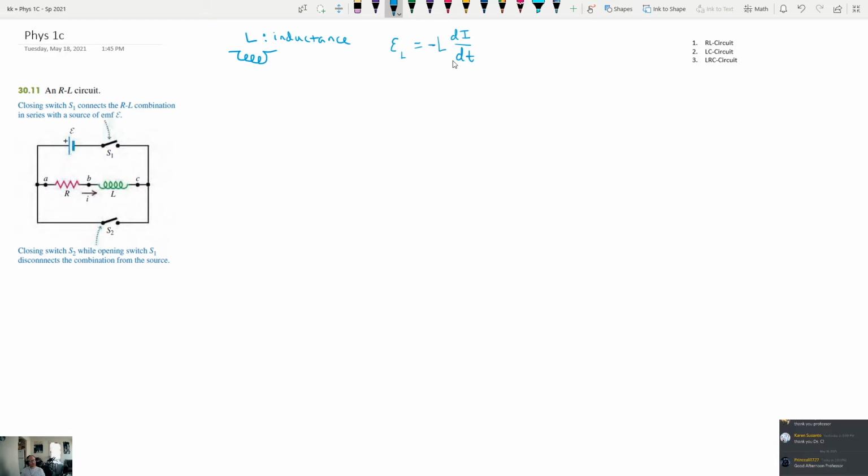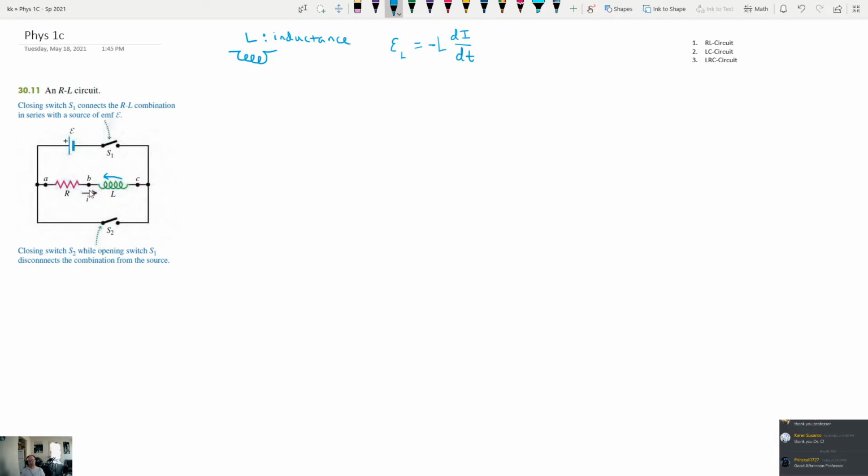current within a circuit, with a negative sign here. What this tells us is that the inductor is going to create an EMF that resists changes in current. So when the current tries to increase, the inductor creates a back EMF that goes opposite to the direction of the current. If the current was flowing to the right in the circuit down here, this circuit has a battery, a switch, an inductor, and a resistor. The current of the battery would want to go this direction, but as the current increases, a magnetic field starts to arise inside of the inductor that creates an opposite EMF that we call back EMF.